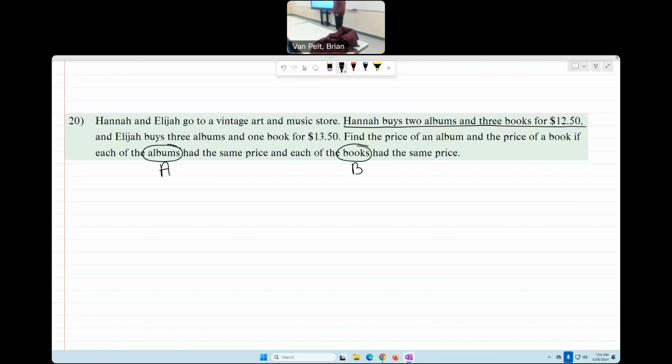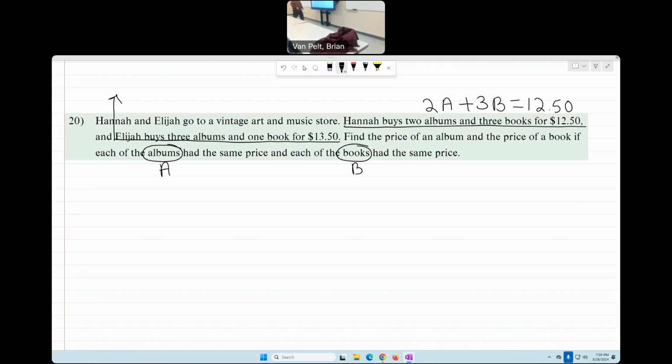So I did 2A plus 3B equals 12.50. Right, 2A plus 3B equals 12.50, good. And over here, Elijah, what equation does Elijah get? 3A plus 1B equals 13.50.